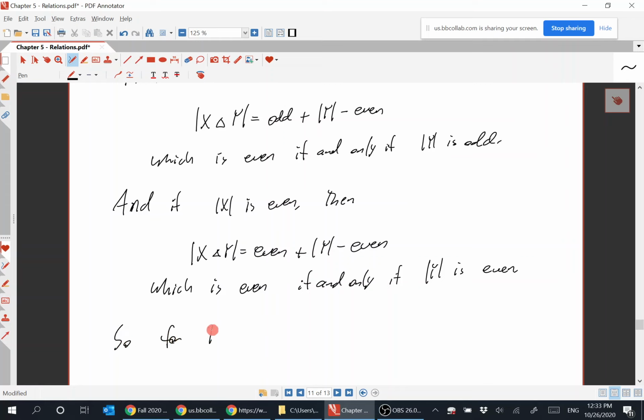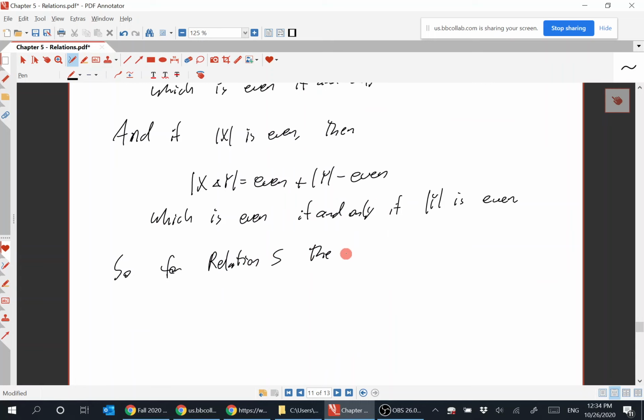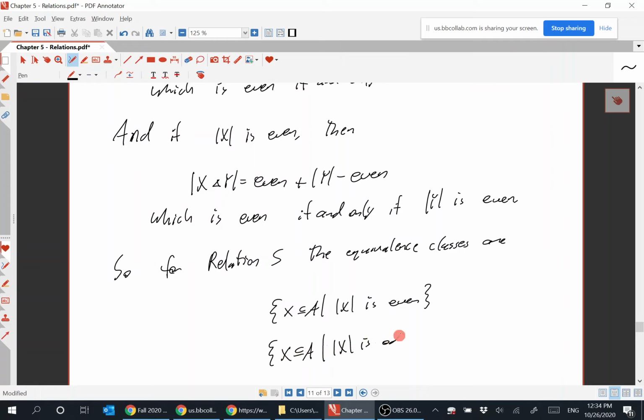So for this relation S, the equivalence classes are the set of all X that is a subset of A such that the order of X is even, and the set of all X subset of A such that the order of X is odd.